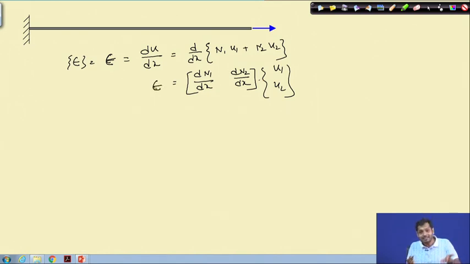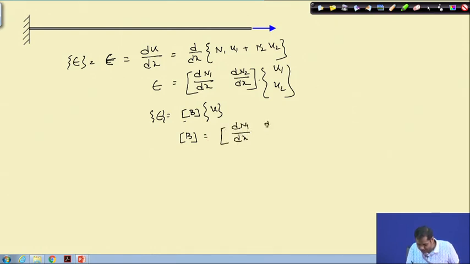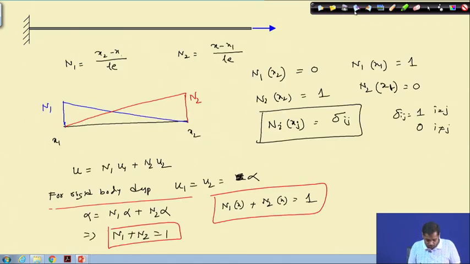Now, you see, this is essentially the strain displacement relation. So, epsilon is equal to B into u, where B is the strain displacement relation, dN1/dx and dN2/dx. Now, the expressions for N1 and N2 we already have.